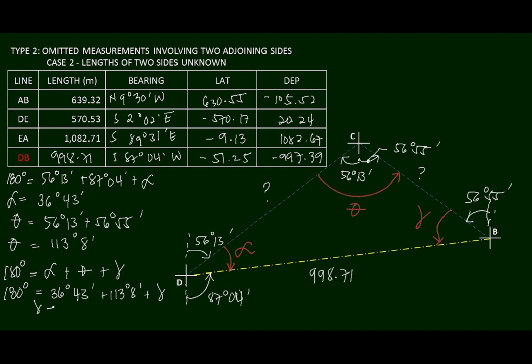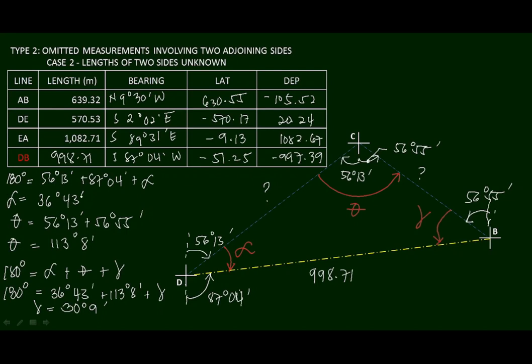Therefore, the value of my gamma is equal to 180 minus 36 43 minus 113 8. That is equal to 30 degrees and 9 minutes. Again, paki-verify po ng aking mga sagot.